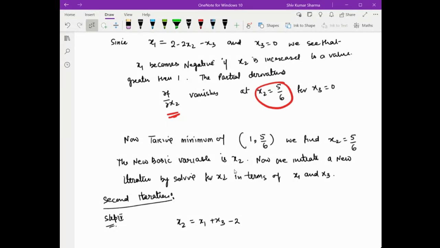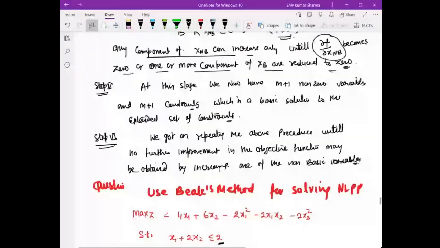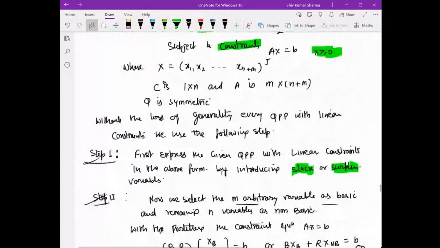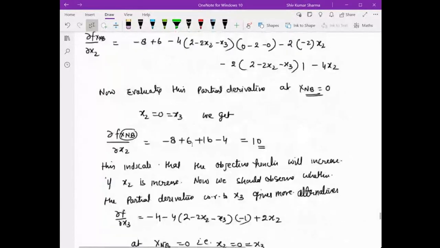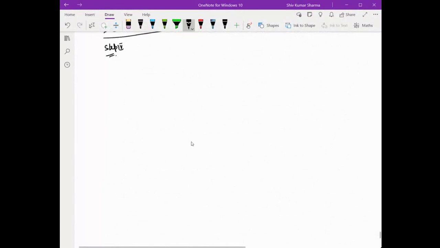Our equation is in this form: x1 plus 2x2 plus x3 equal to 2.